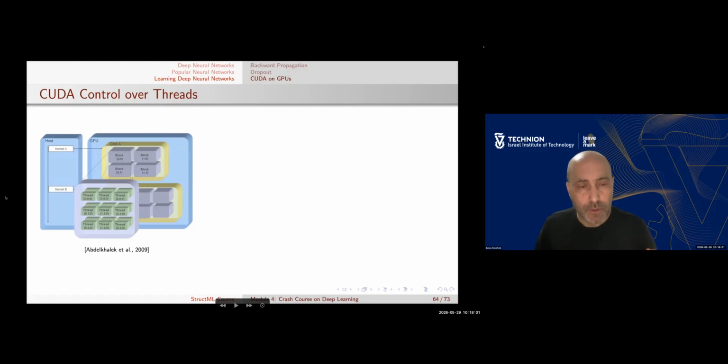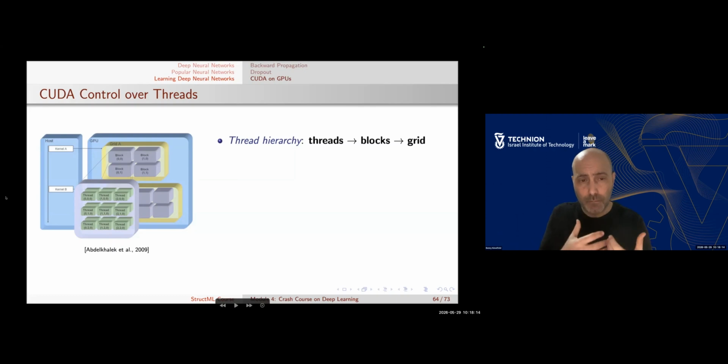importantly, the GPU gives you an interface of a hierarchy of computation units. And this is very important because with this abstraction, we can map our computation or our algorithm into executions of these small units. So we have the threads that each runs our kernel. Threads are grouped into blocks, and multiple blocks constitute a grid.